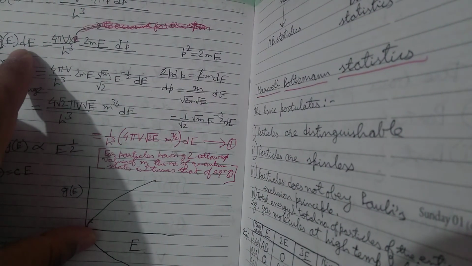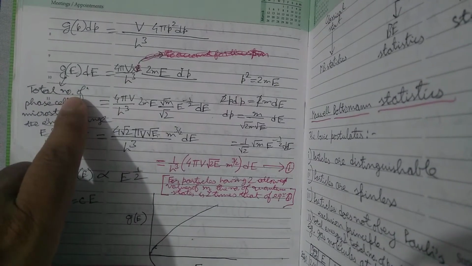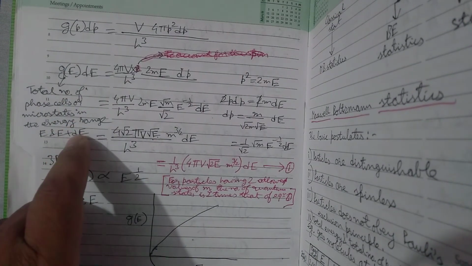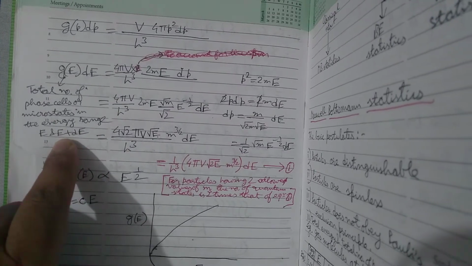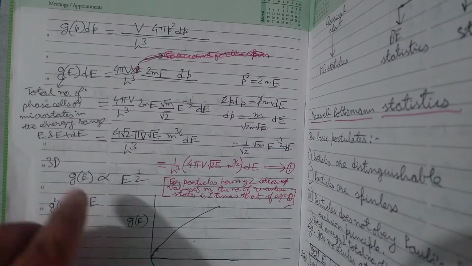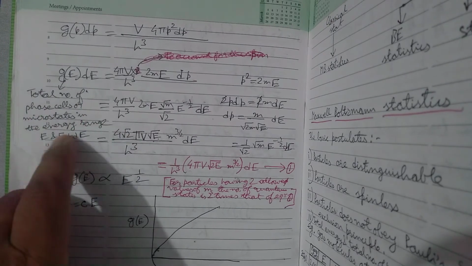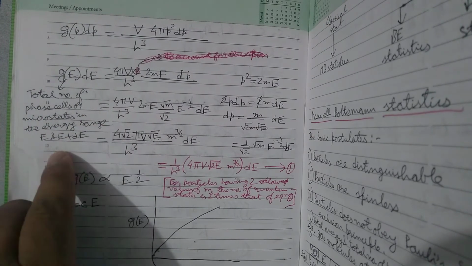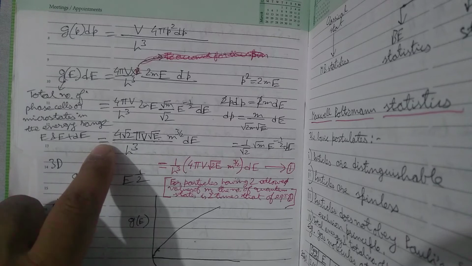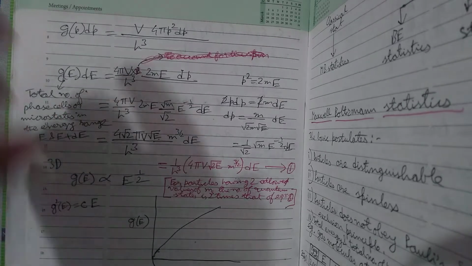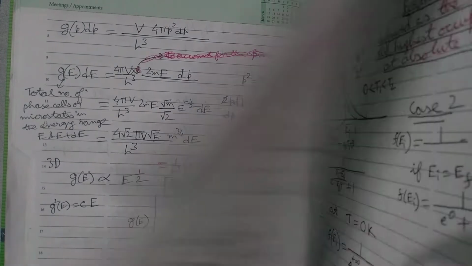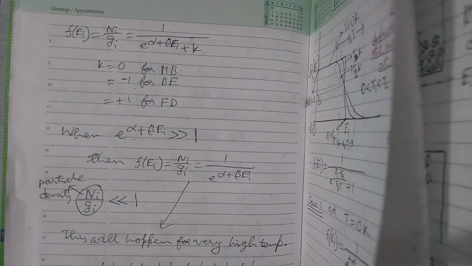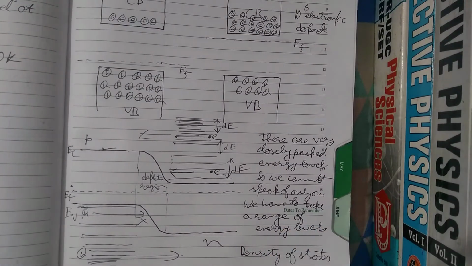This is the density of states: the total number of microstates, the total number of energy states in the energy range E to E plus dE. We calculate the range, so we actually need this thing here.